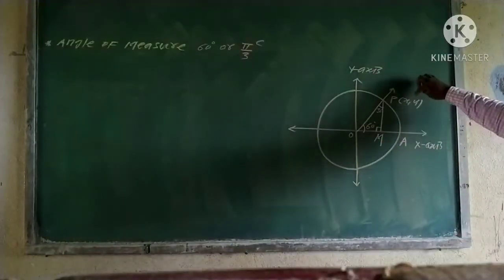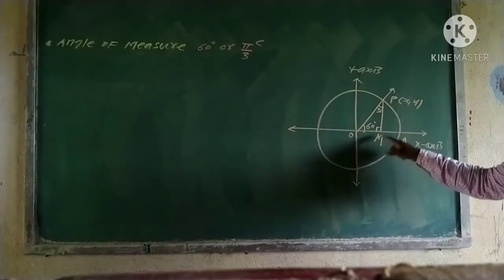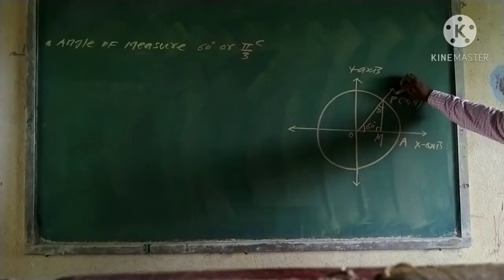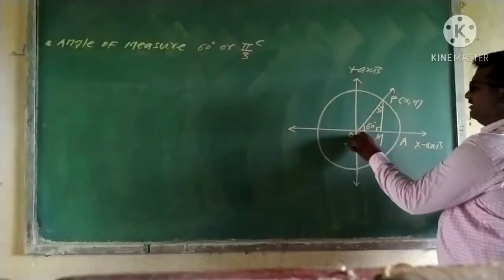Now the coordinates of the point P are x, y. So OM means the distance covered by the point P on the positive direction of x-axis, which is equal to x.